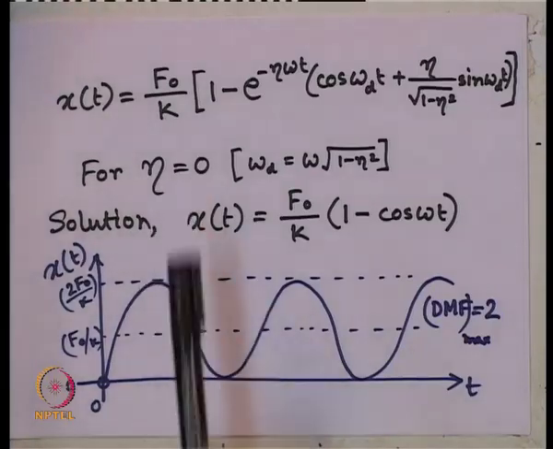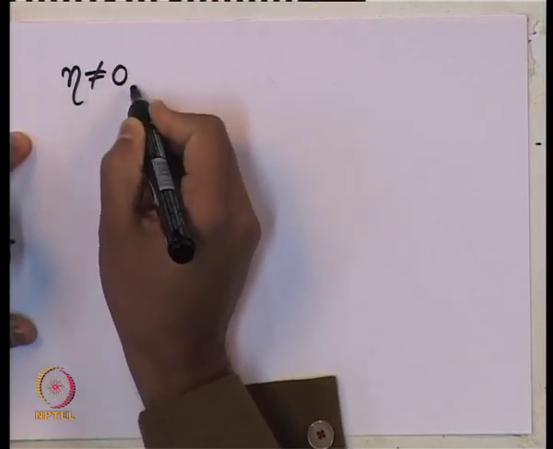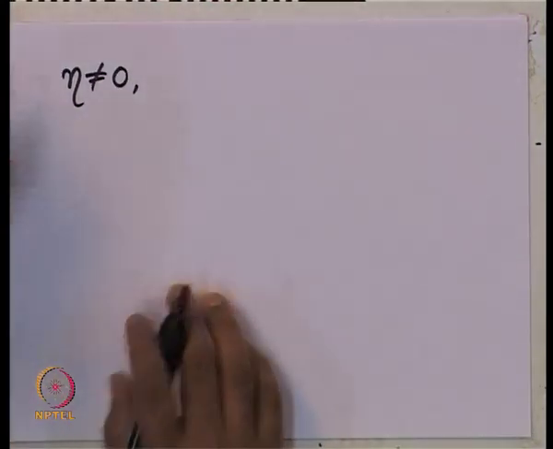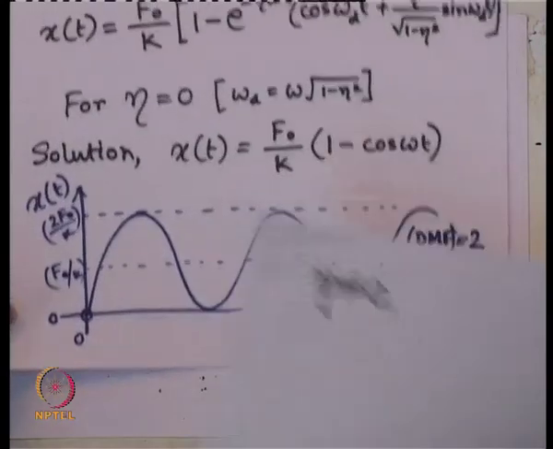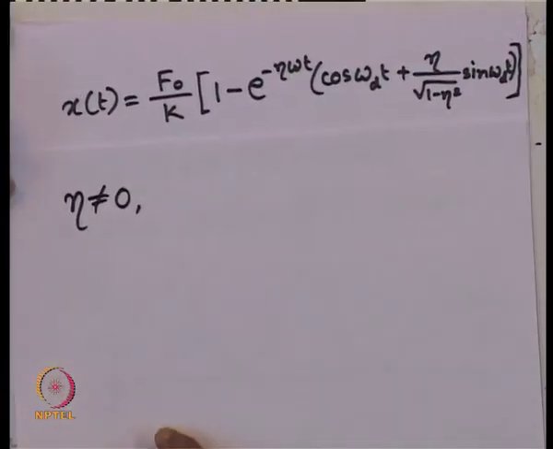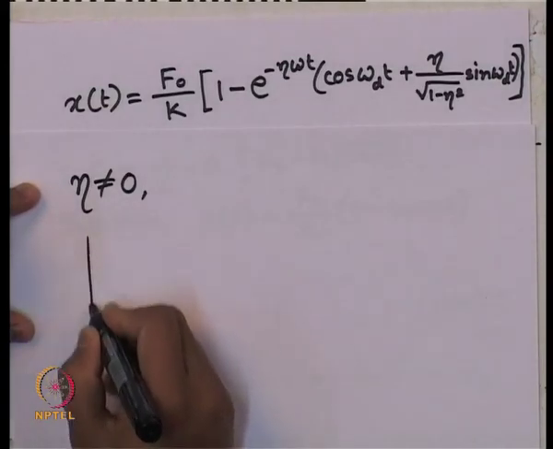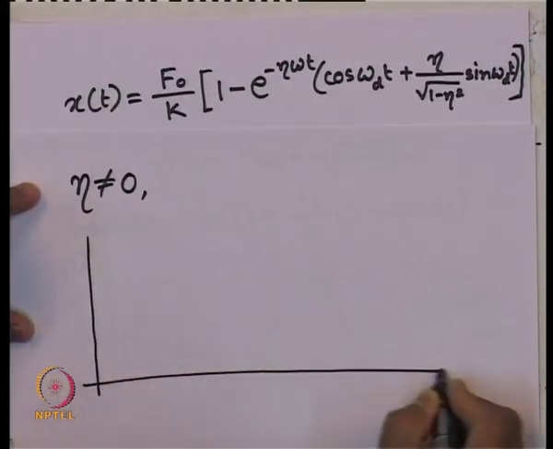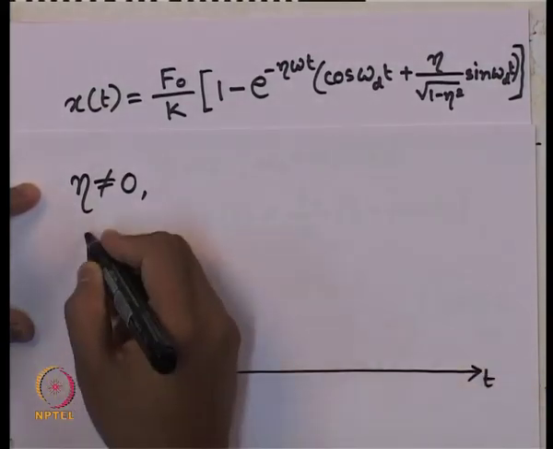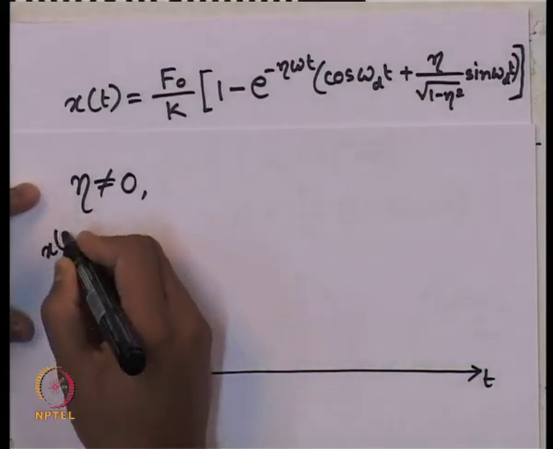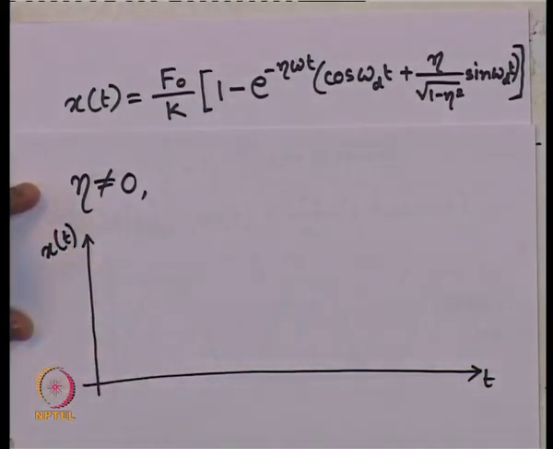Now, if it is a damped case, how should the response look? Let us see. For a damped case, when eta is not equal to 0, we already have the solution. Let us take the solution once again and plot the response x of t with respect to the variation of t.